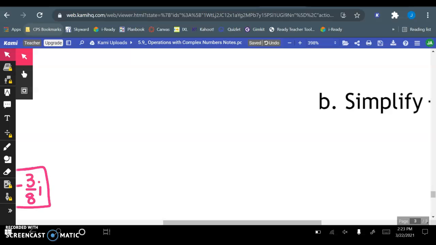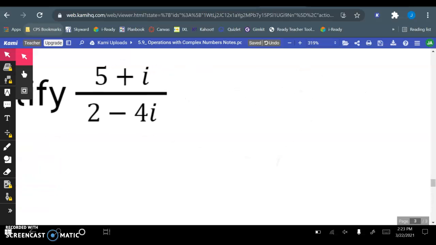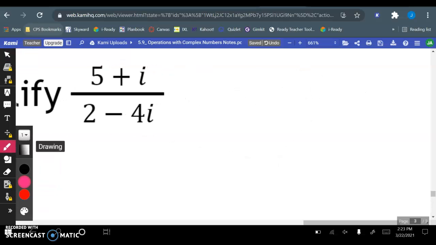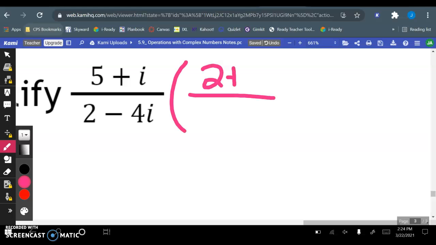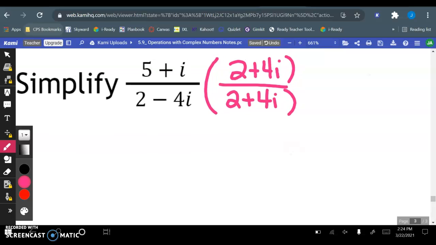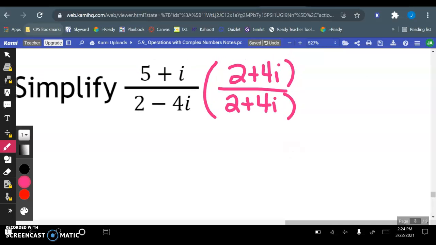And then our last one here, we're going to multiply by the conjugate, which is the opposite of the denominator here. So it's going to be 2 plus 4i. And we're going to have to do FOIL at both the top and the bottom. So when I do FOIL, I'm going to have 5 times 2 is 10. Then 5 times 4 is 20i.